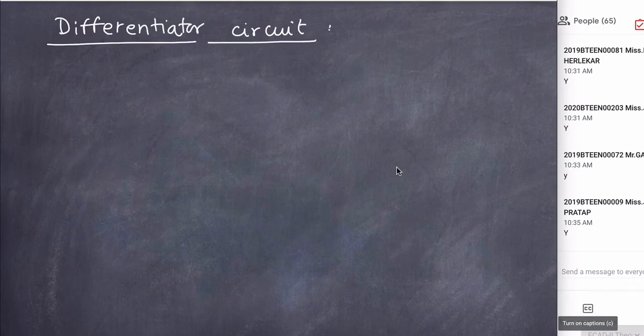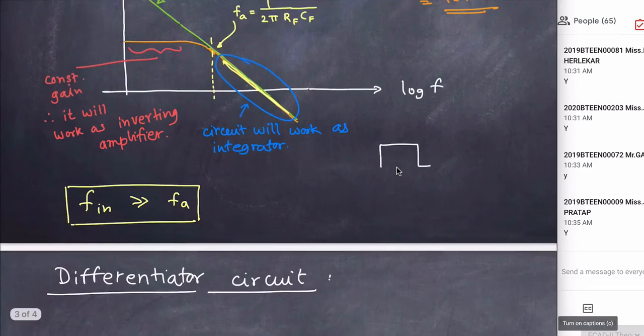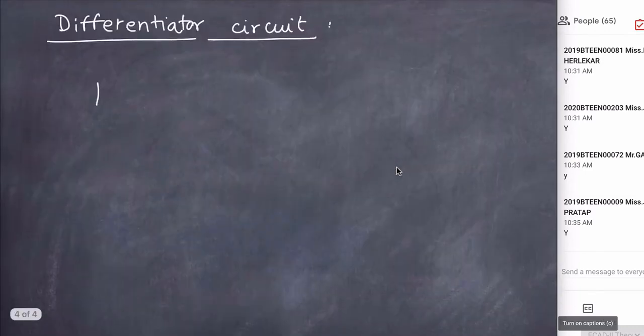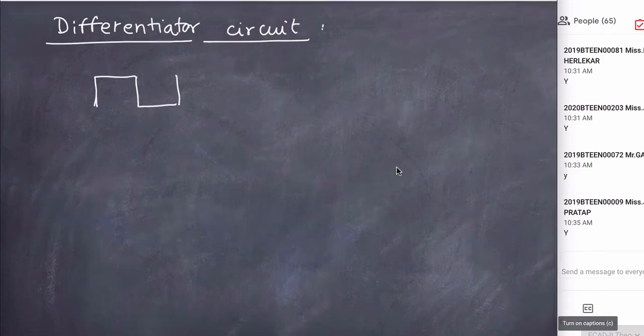A differentiator circuit means a circuit which finds the derivative of the input. The integrator was integrating. It means when we use the integrator, if we give a square wave, it gives you a kind of triangular wave. But with the differentiator circuit, if we give a square wave, it will give you spikes.